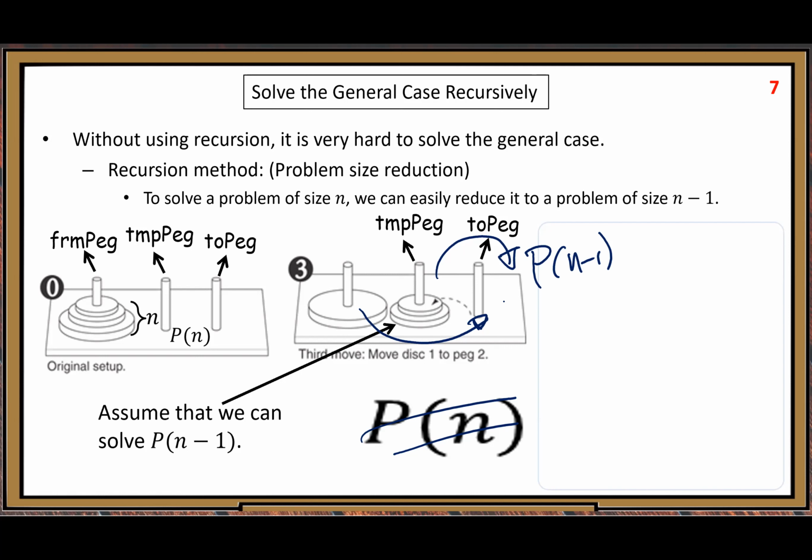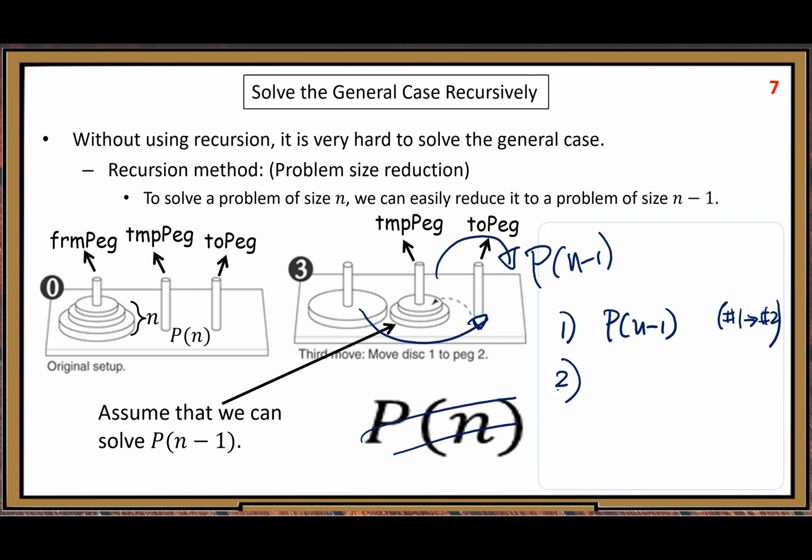So here, as a summary, step 1, apply that P of n minus 1 from first peg to second peg.